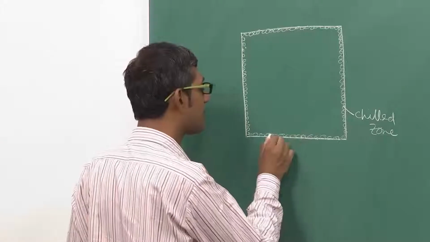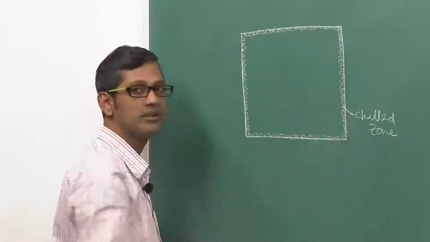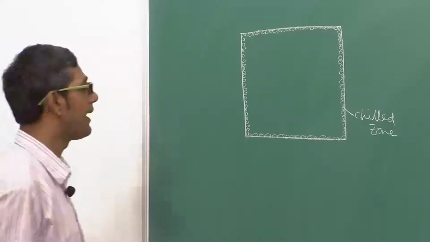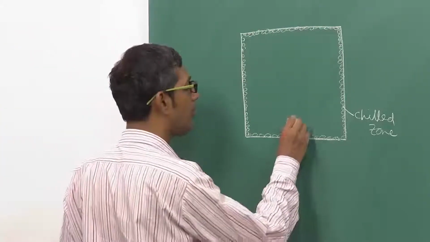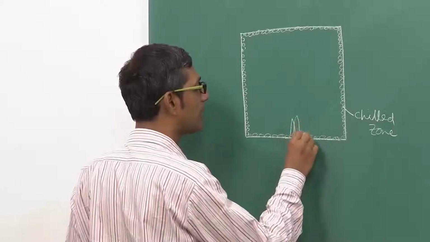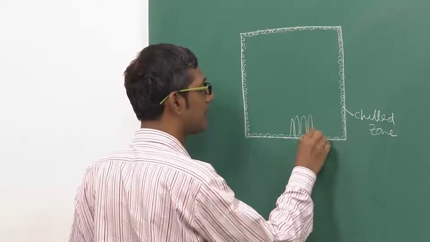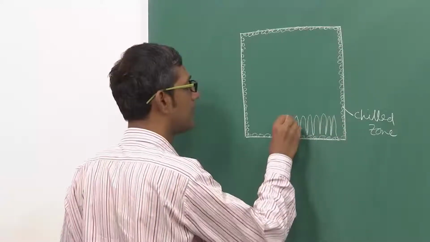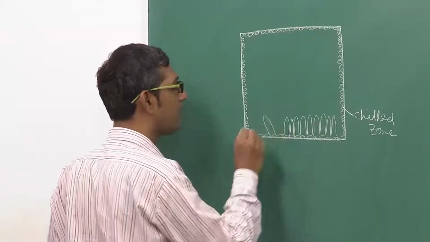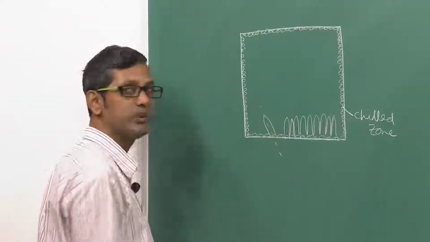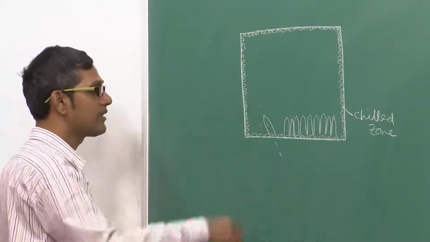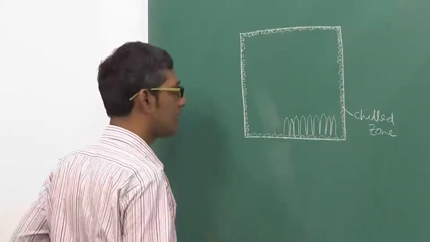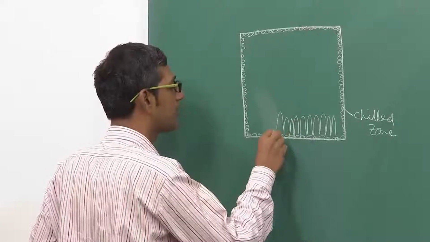This crystal which is formed on the walls as a small size, all of them will try to grow into the liquid, but as the heat transport becomes primarily important, only the crystals which are columnar like this will be winning over the others. If there is a crystal which is going like that, the heat transport may not be happening along this axis, so it may not be the fastest one, and therefore it will die out. That is why these crystals will not stay.